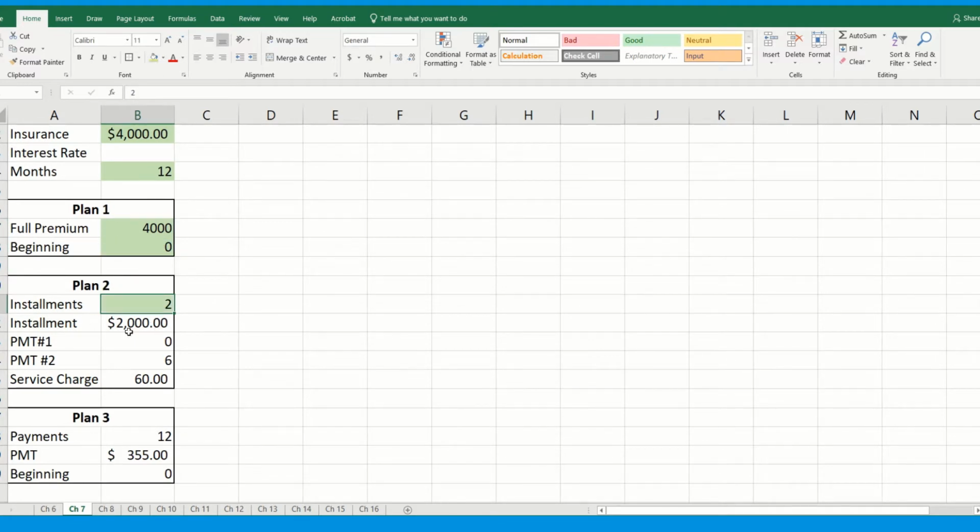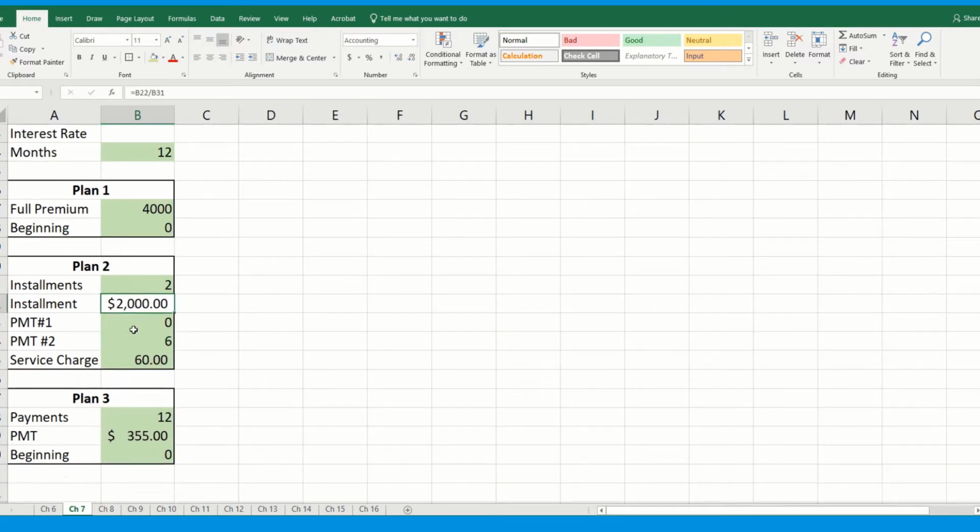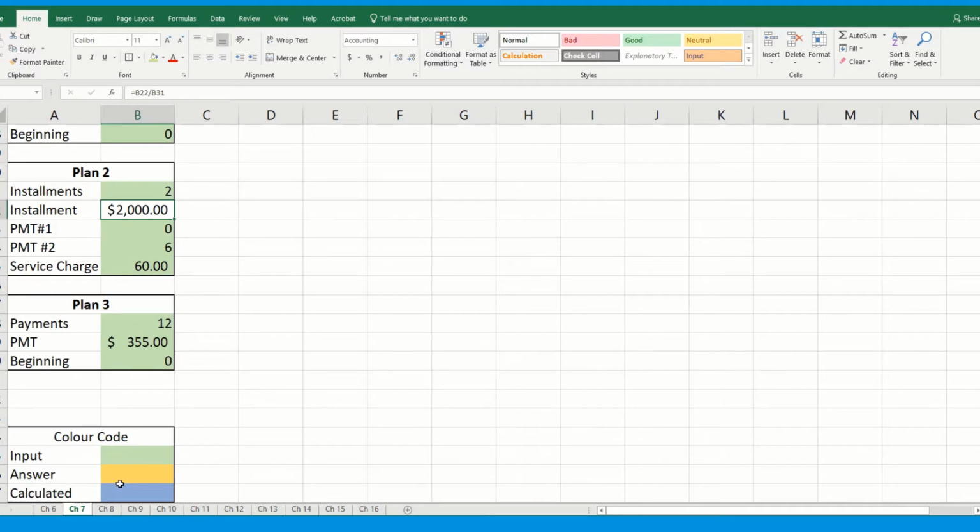My installment number I did a calculated field. And of course these 3 I entered. And these 3 I entered. And this installment is a calculated field, so it's blue. So I will find the right blue. It's pretty close. There we go.